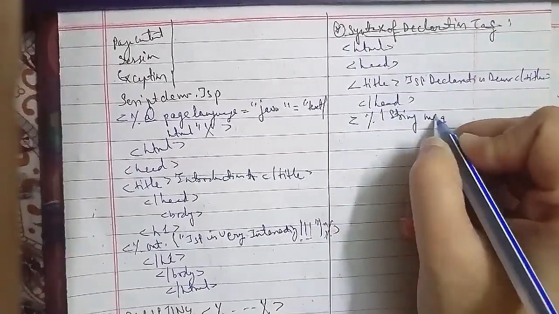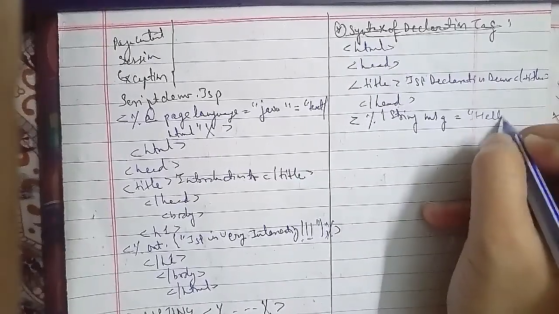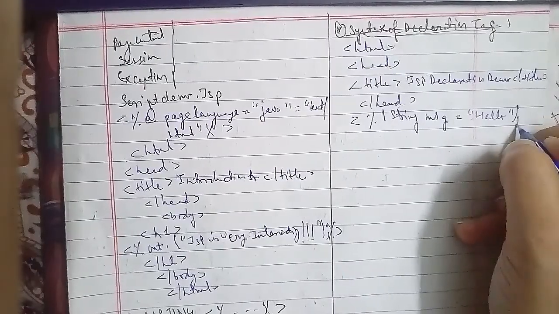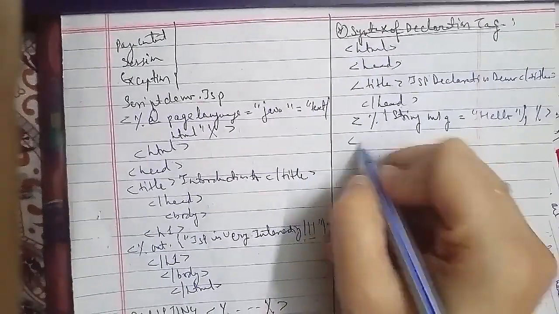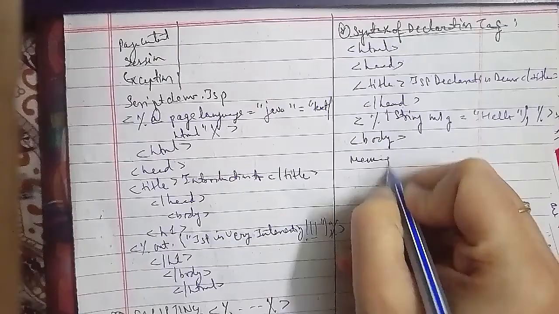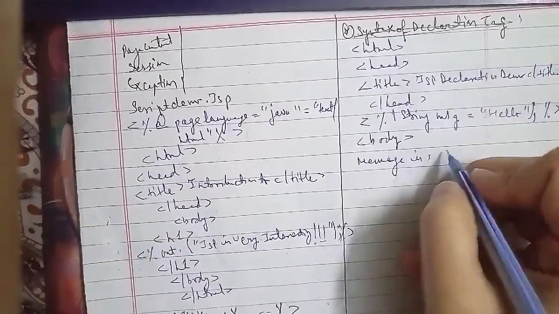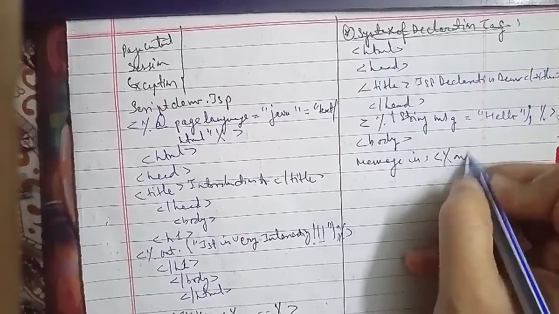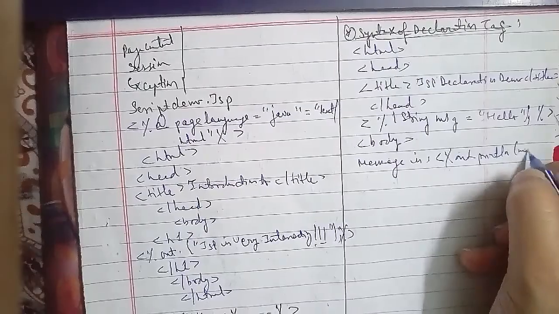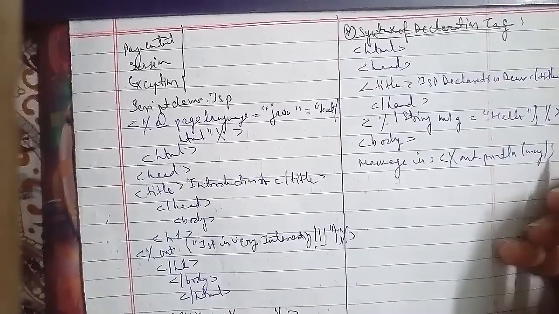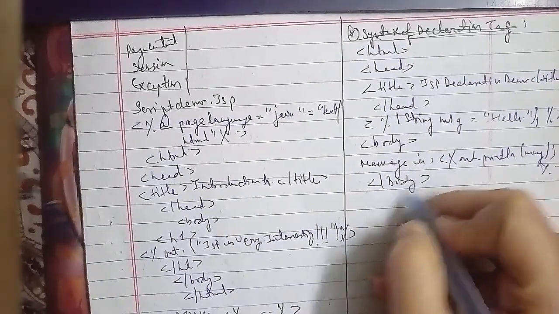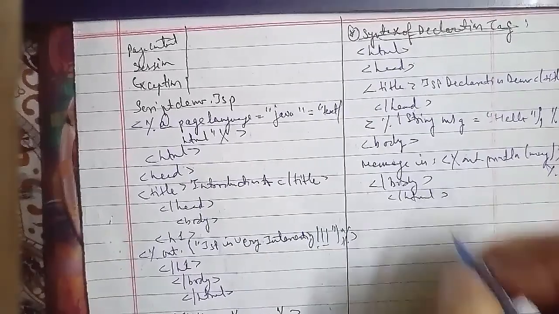So now we're going to write a JSP script to display the appropriate greeting message for morning, noon and evening, and make use of the function used for reading system time. So here: JSP script to display appropriate greeting message for morning, noon and evening.